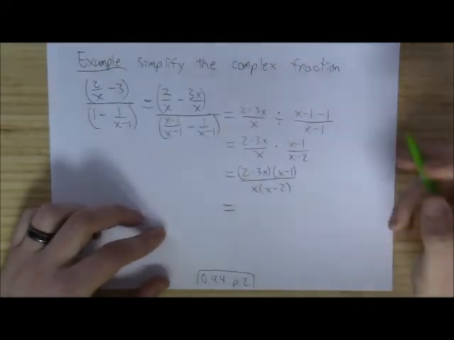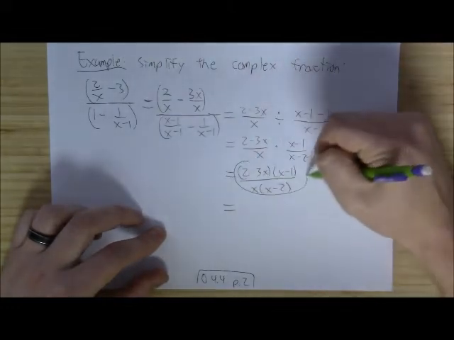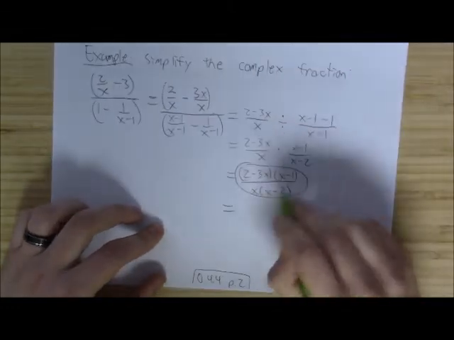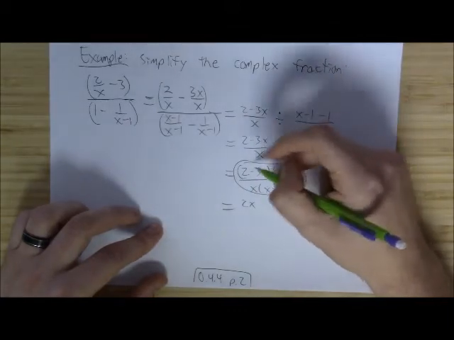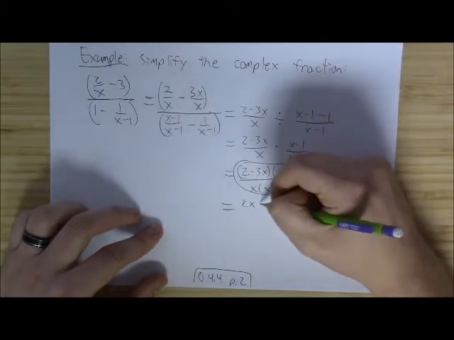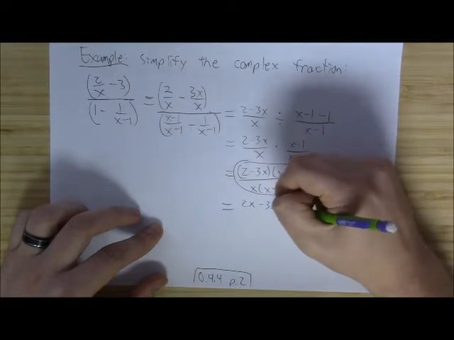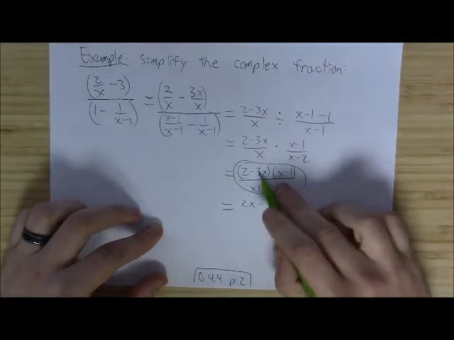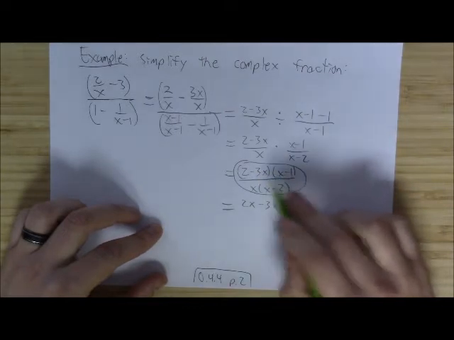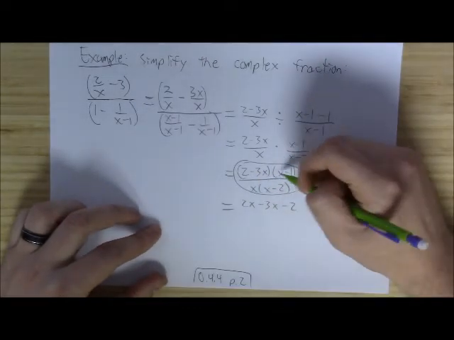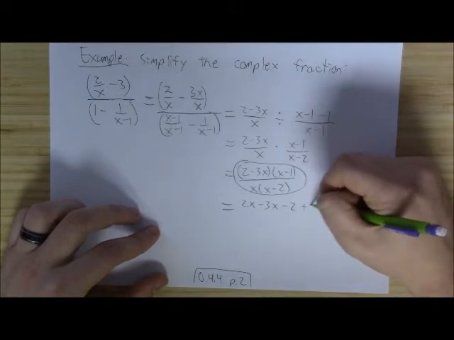Or if you prefer for things to be expanded out, you would have, foiling, 2x minus 2x minus 3x. First, I did the inner first, then the outer, so minus 2, and then last, so plus 3x.